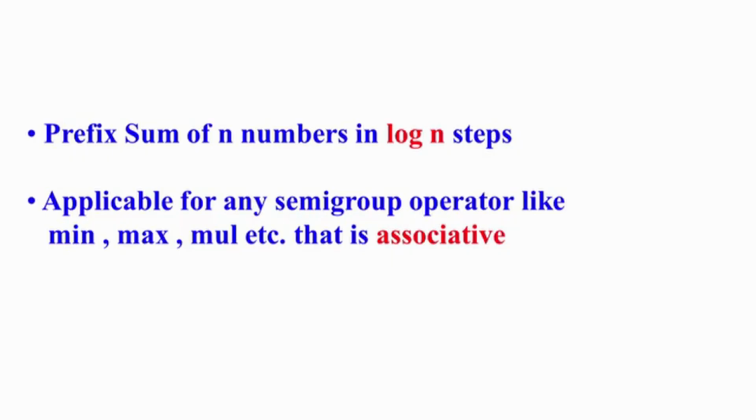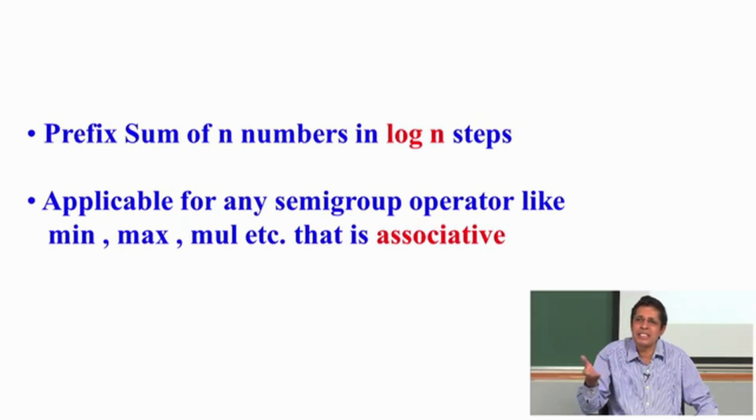Why is this possible? Because we are doing addition. What is addition? Addition is an associative operation. Since I am doing addition, I can do this because the operation is associative.